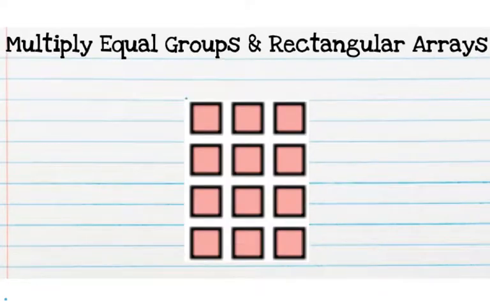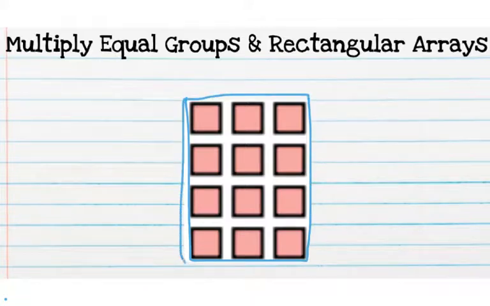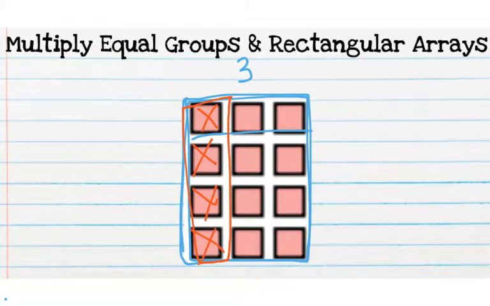Here I have another rectangle that's split into equal groups. And so the top has a group of 3. I remember when we were counting our arrays, we double tap and count this column here. And now I'm going to count 1, 2, 3, 4.